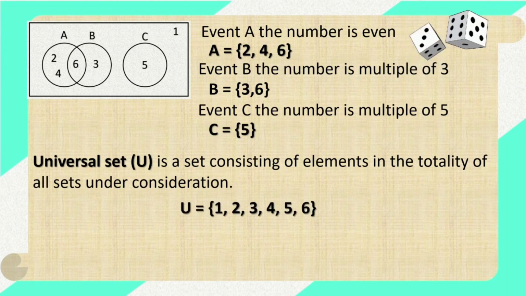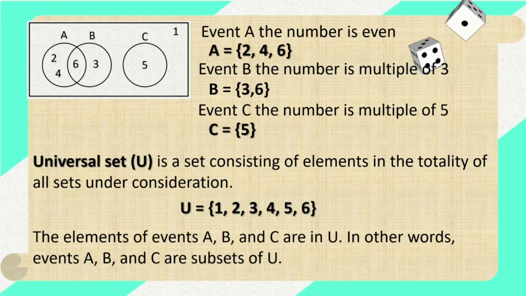Therefore, the universal set has the elements 1, 2, 3, 4, 5, and 6. The elements of events A, B, and C are in the universal set. In other words, events A, B, and C are subsets of the universal set.